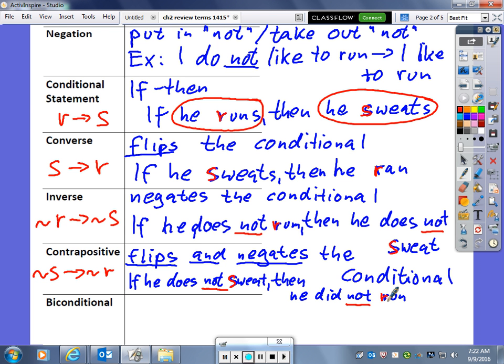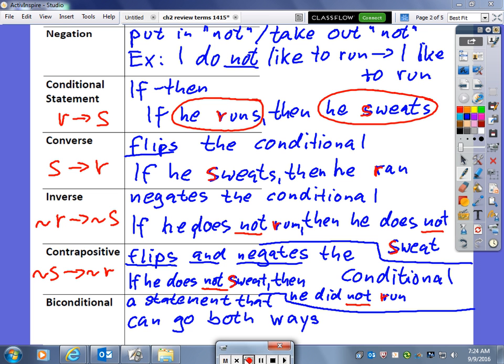A biconditional statement. A biconditional statement is a statement that can go both ways. And what's special about a biconditional statement is that since it can go both ways, both the converse and the conditional are true.